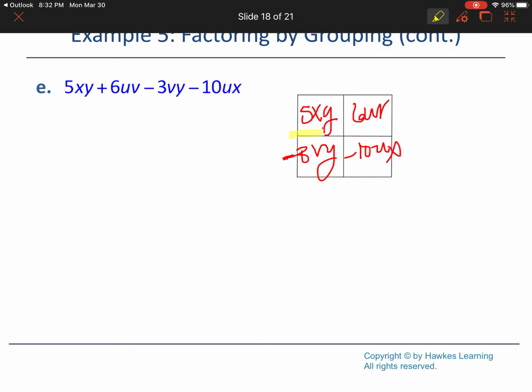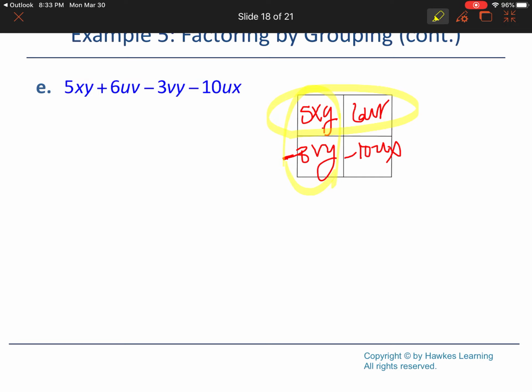Okay, so we're looking for the greatest common factor. Well, first of all, these two right here, they have nothing in common. Not a single thing, right? I can't pull anything out. I really have to have one of these variables. I got a lot of variables here, and I really have to have something to pull out. Now, these two have something in common.